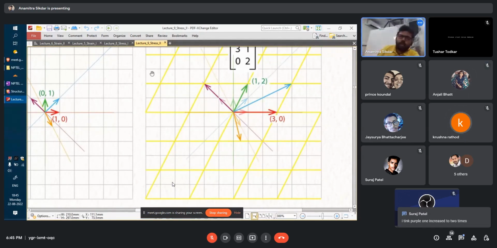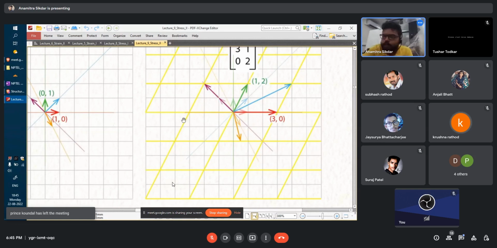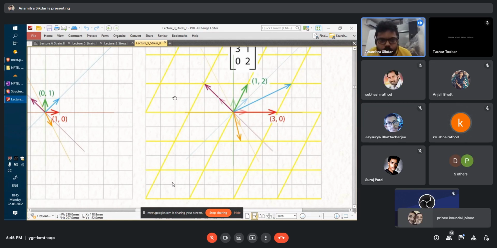Okay. I'm going real slow now. What are these gray lines? This is the initial configuration of the body, right? Suppose you have a body like this, and you made some kind of marks, some kind of gradation on it. Imagine these gray lines are those, right?